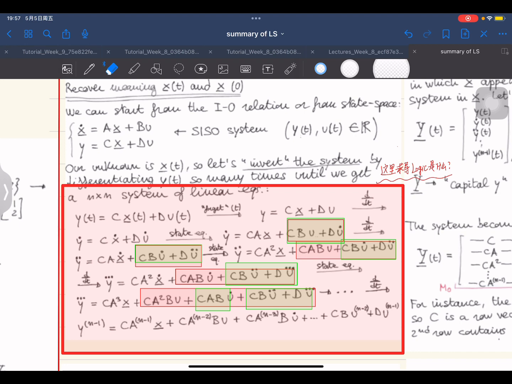Our system is S(t), so let us invert the system by differentiating y(t) so many times until we get an n times n system of linear equations.